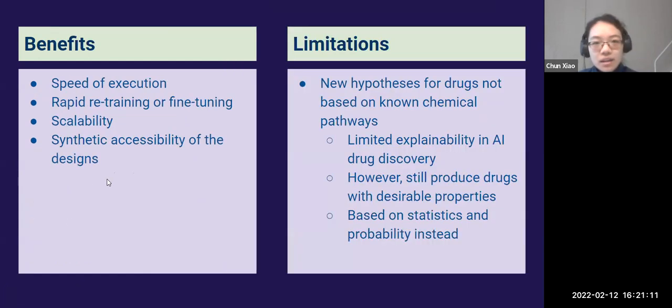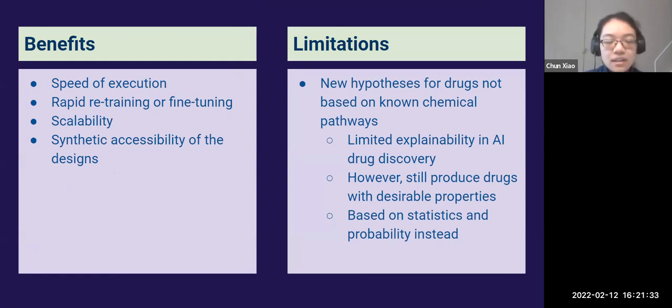Now we'll talk about some benefits and limitations of using machine learning and artificial intelligence for de novo drug design. First of all, the benefits. Of course, there's the speed of execution, because designing new drugs is a very labor-intensive process, and comparatively, using a machine learning algorithm makes it much faster.